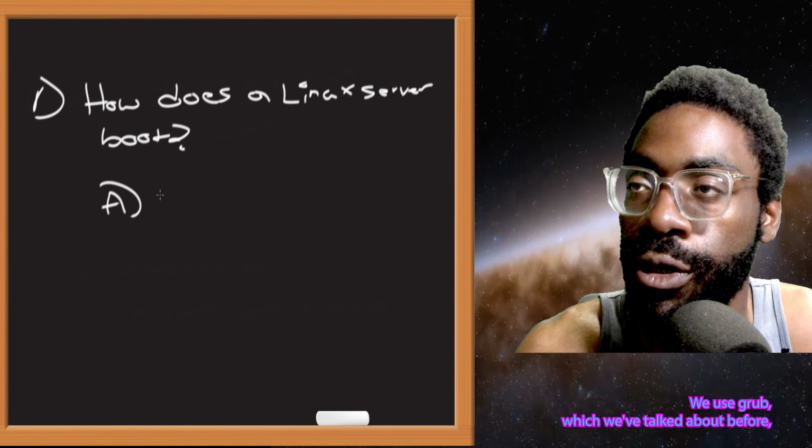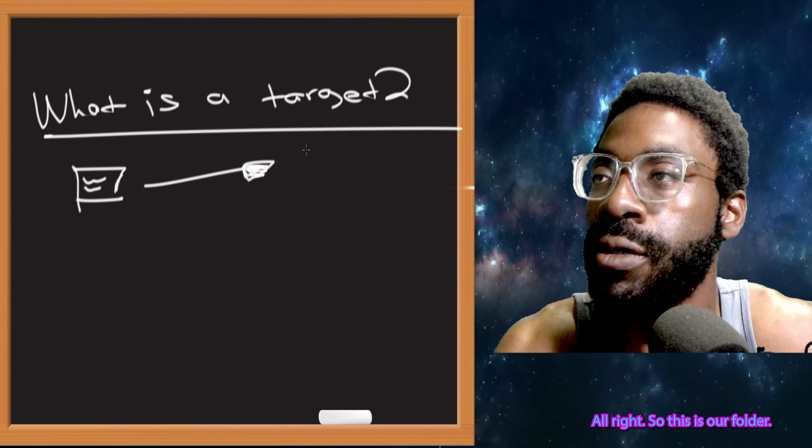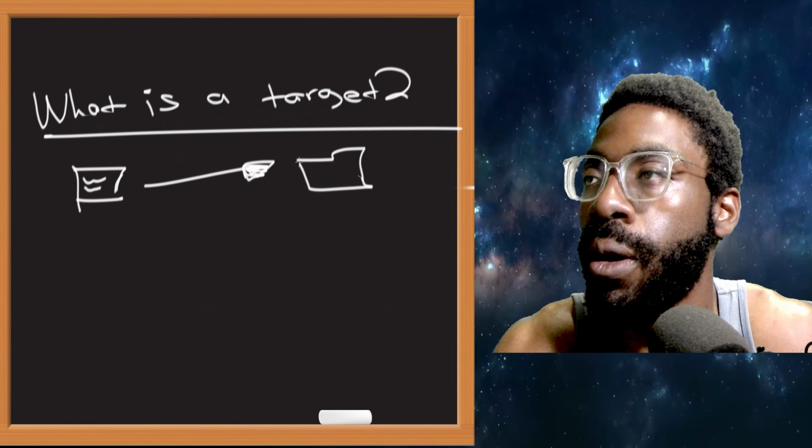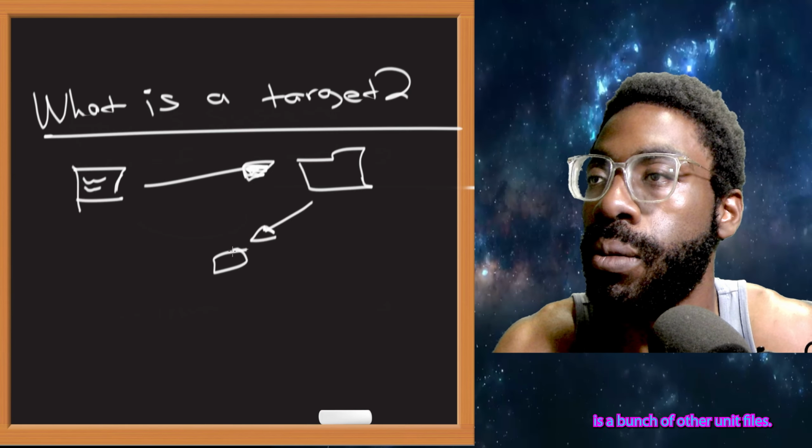So recall, a target is a unit file. So this is our file, and inside of our file are the defined settings, right? And what it does is define settings that point to a folder, right? So this is our folder, and inside of this folder is a bunch of other unit files.